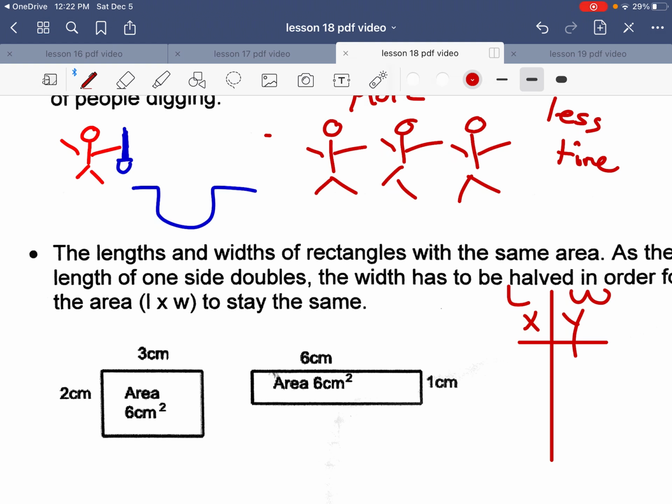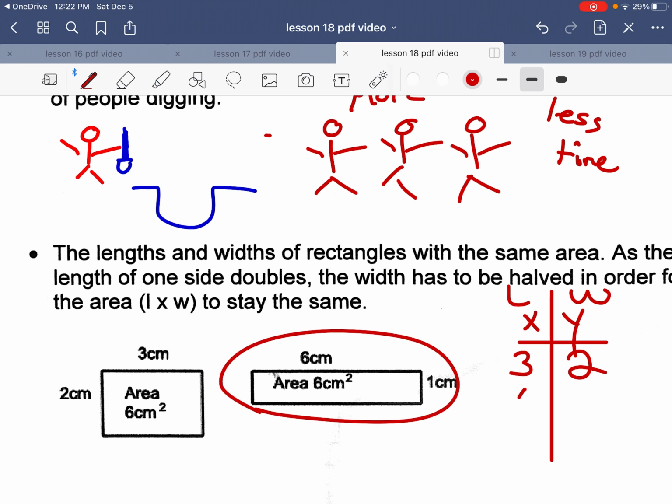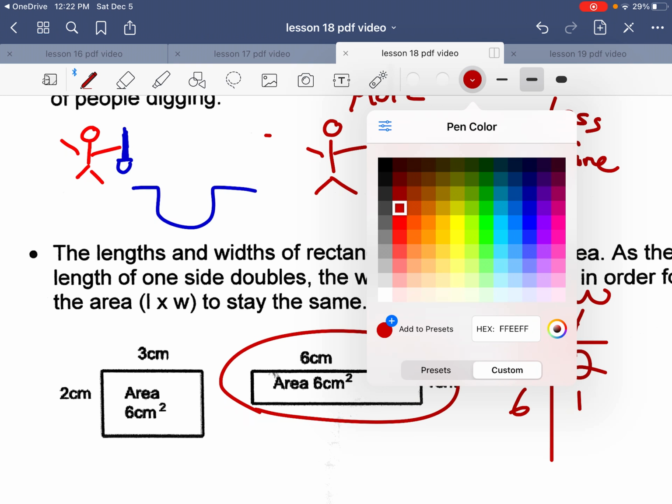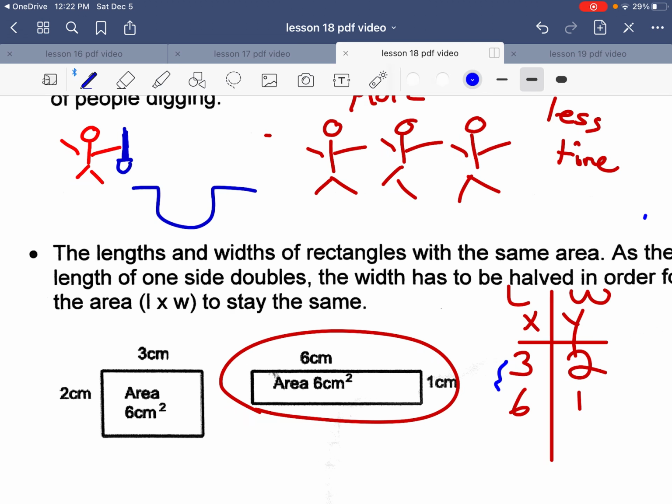So in the small one, let's say my length is a 3 and my width is a 2, and I'm comparing it to the other one, where my length is a 6 and my width is a 1. Right away, notice that this is increasing while this one is decreasing. Right there, it's inverse. My other check to see if it's perfectly inverse proportion is that I multiply these two.